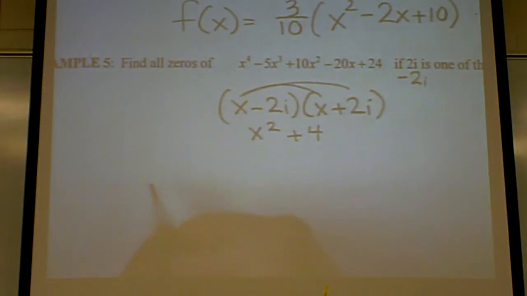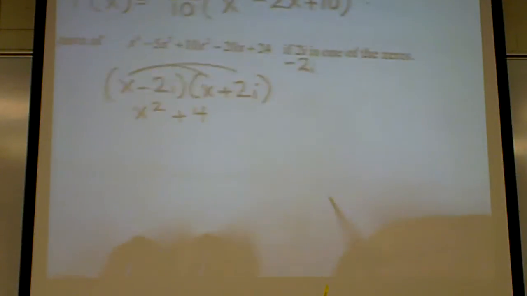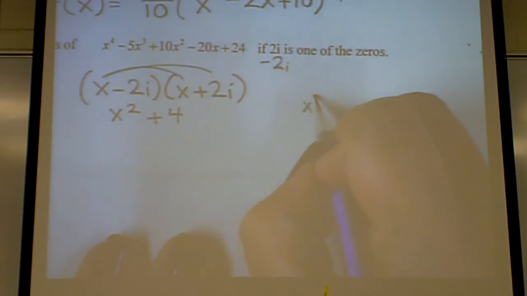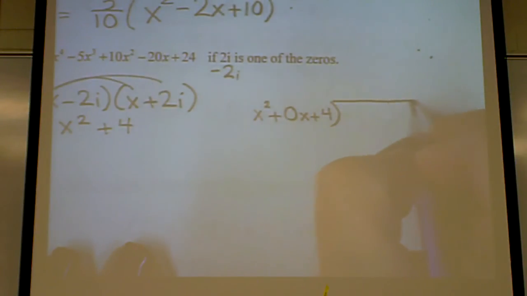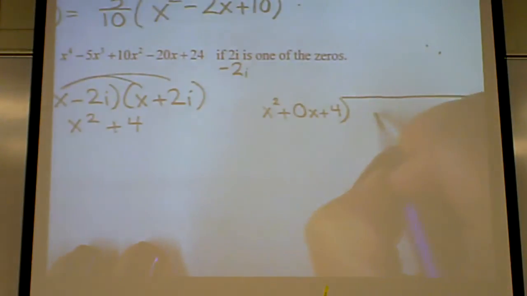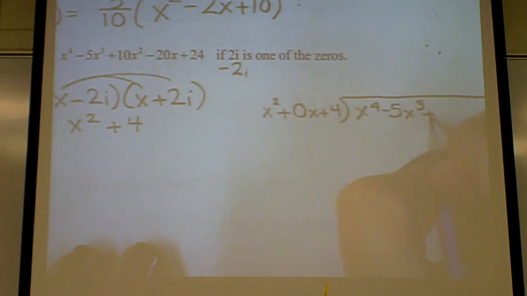So what we need to do is take this, x squared plus 0x plus 4, and divide it into this. And it better go into it evenly. Otherwise, we made a mistake somewhere.